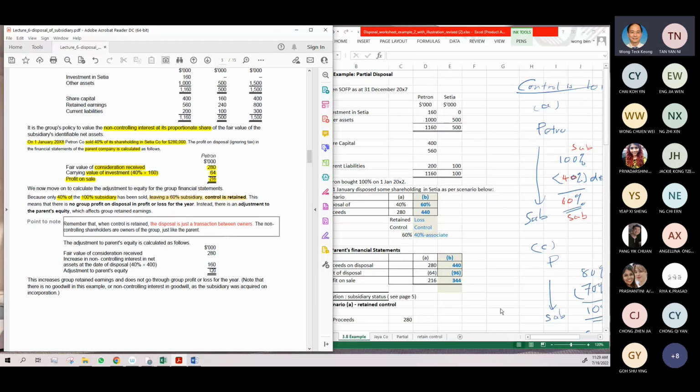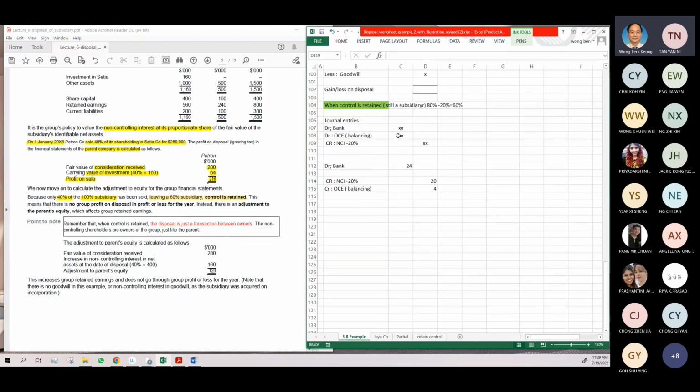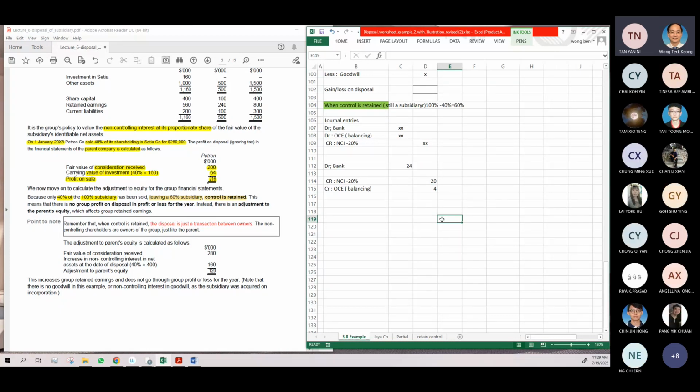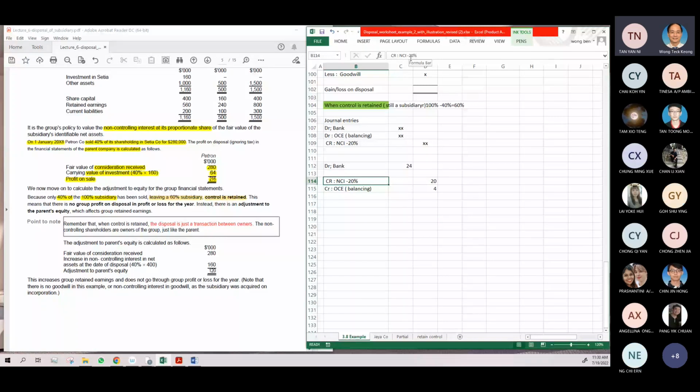So in your type 4 here, this is the type when control is retained. So in this case, 100% becomes 60: 100% minus 40. When you show off the 40%, it must be how much? 40% here. And for how much value?